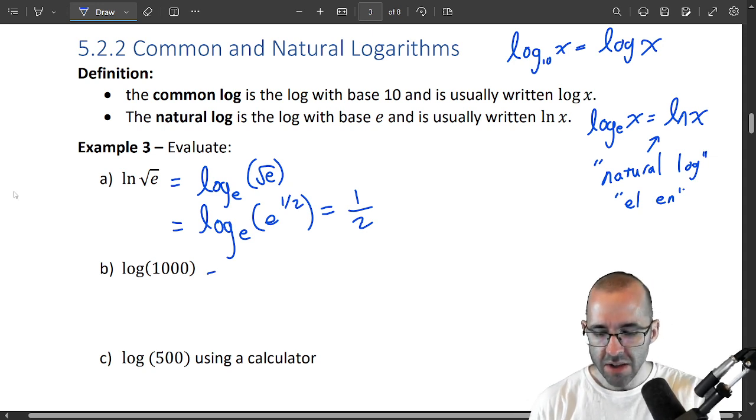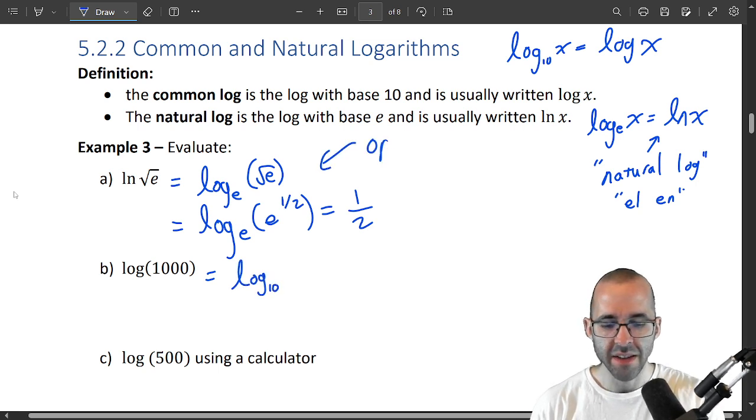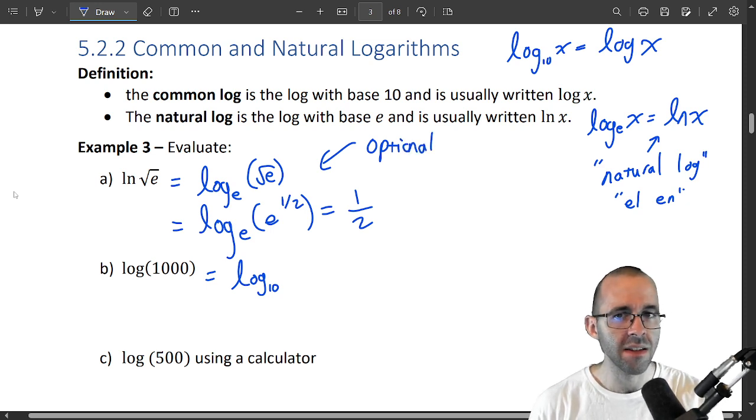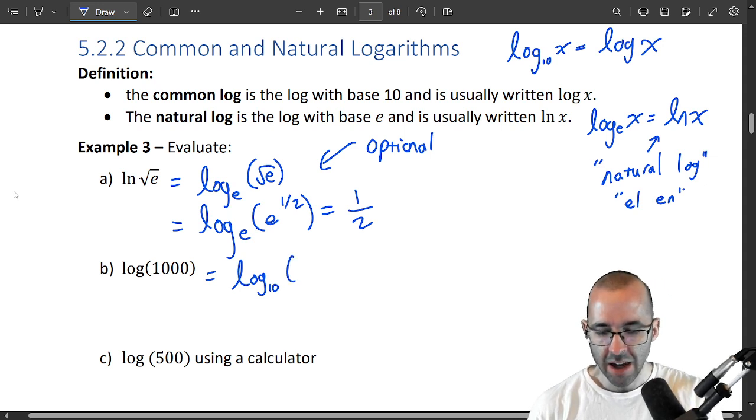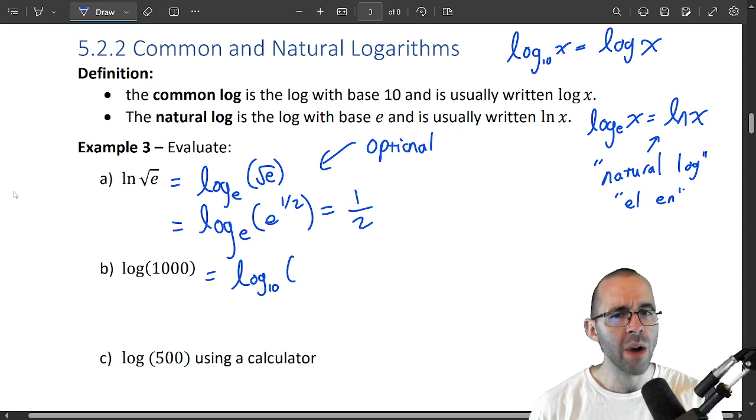Okay, so for this one, remember there's no subscript, which means it's log base 10. You don't have to write this step. It's just optional to get you practice seeing what the common log really means. The log base 10 of 1,000. How can we rewrite 1,000?